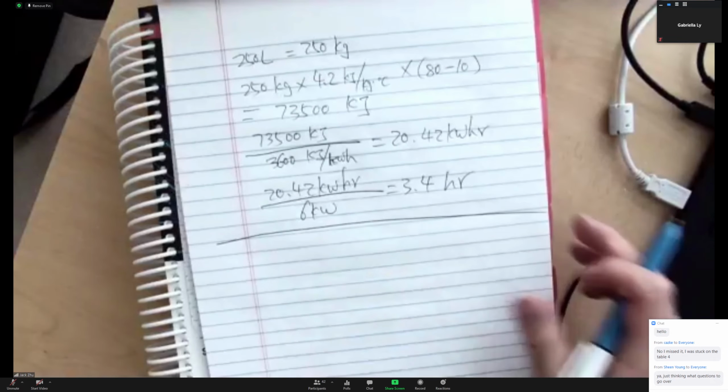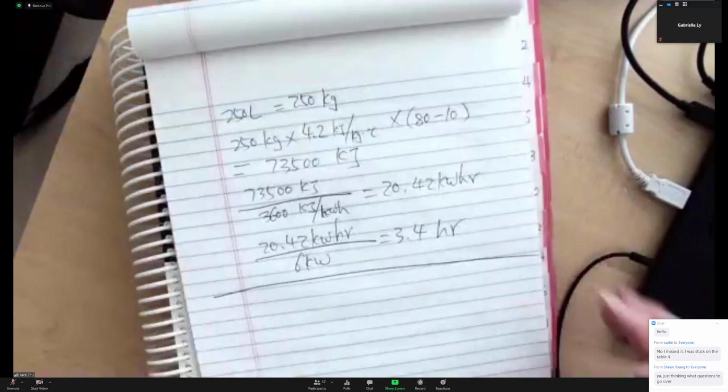Sorry, where did the 6 kilowatts come from? I gave it to you. The 6 kilowatt heater. Gotcha, okay.